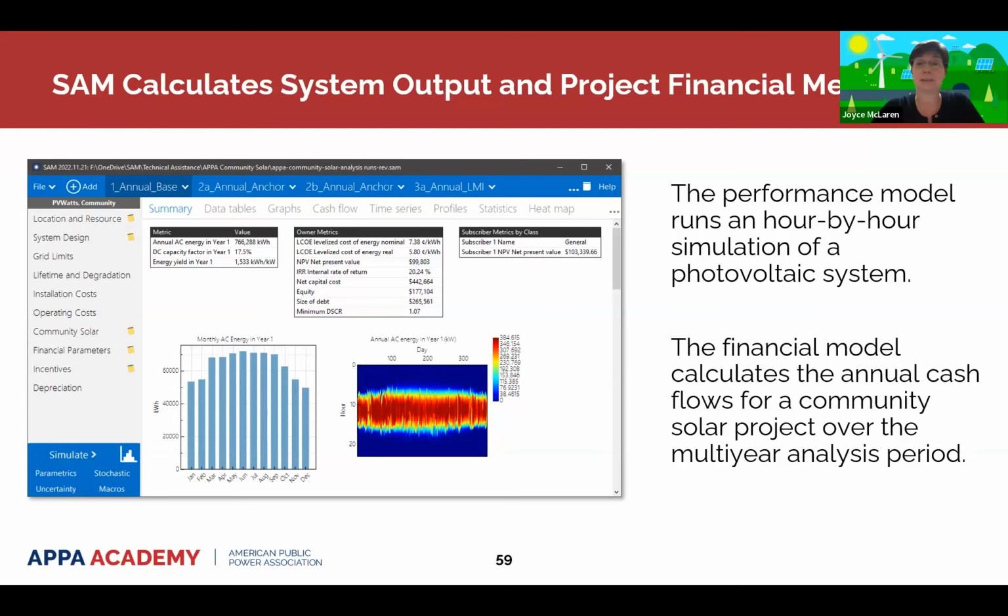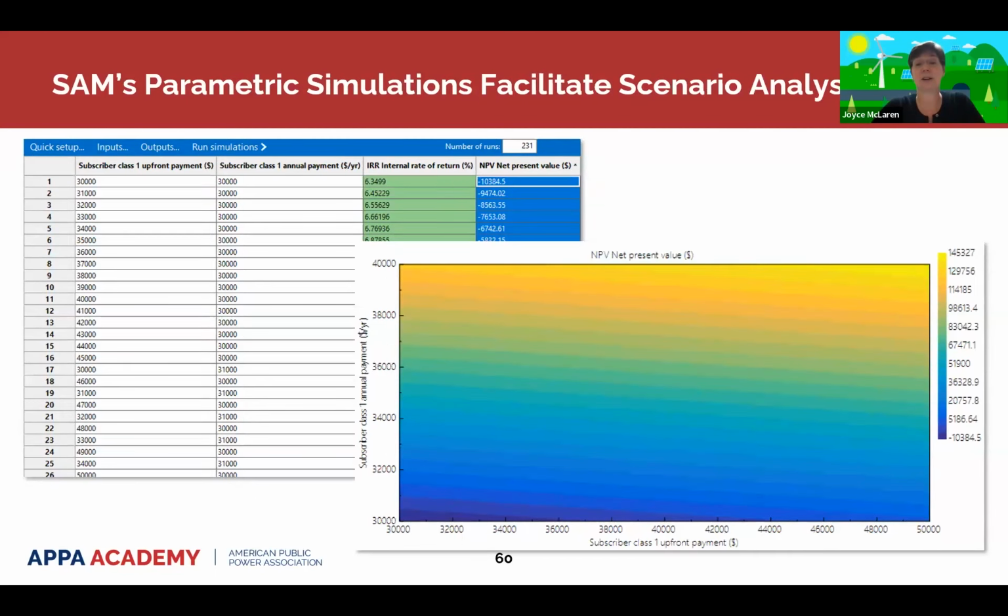So next slide, please. One of the functions is that you can run these parametric simulations that let you do scenario analysis, so that you can look at how a range of inputs impacts your output.